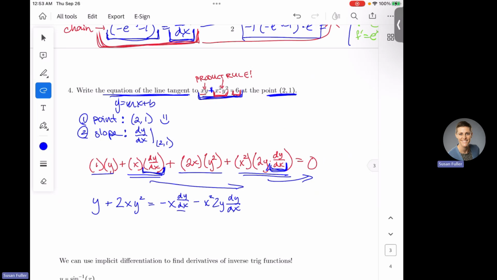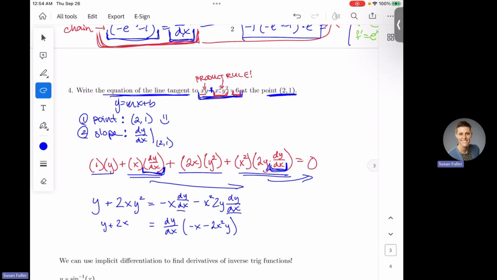And now everything over here has a dy/dx in it. So you're going to factor it out. And I'm not going to lie, my brain does not like the 2 between the x squared and the y. I'm going to move it out front because this feels way better to my brain. Hopefully y'all are okay with that.